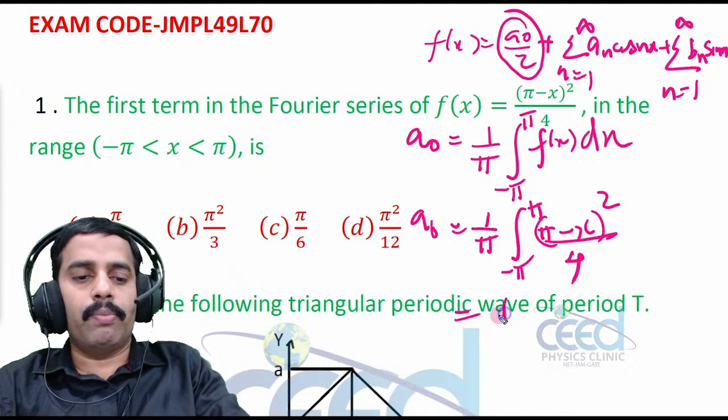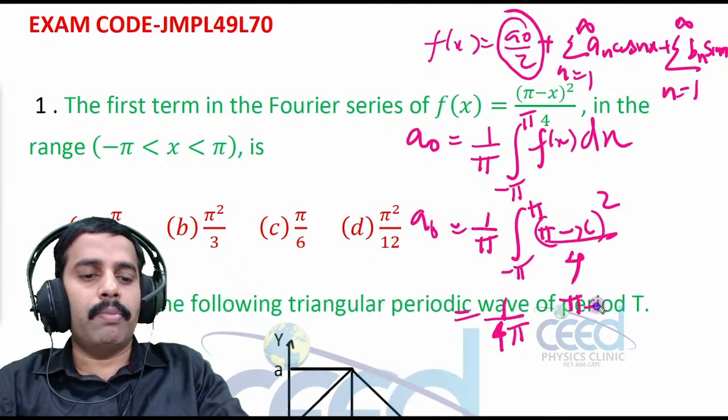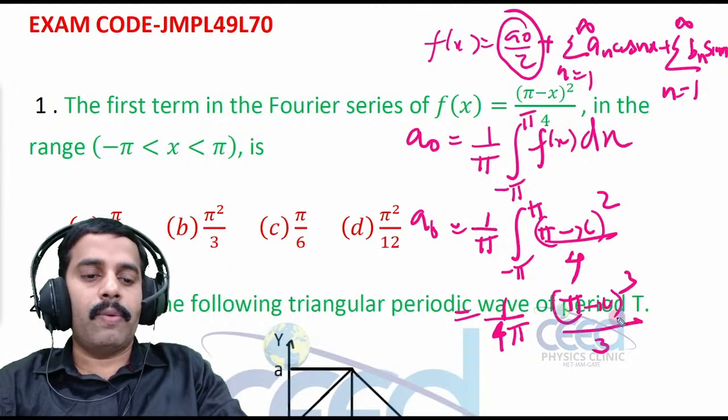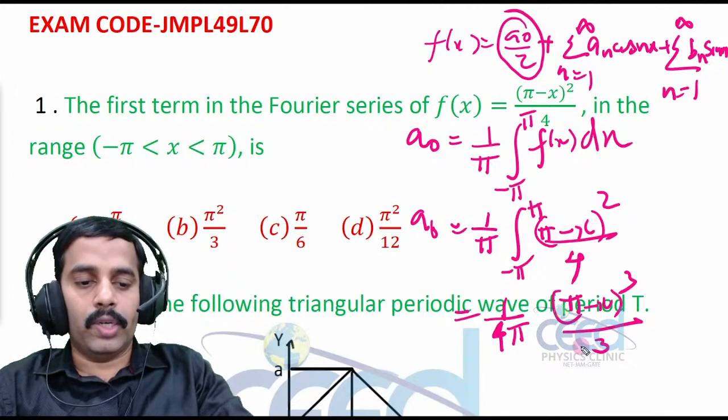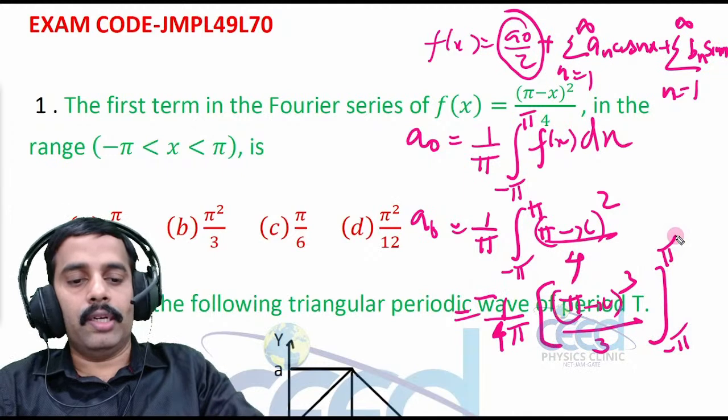We can take 1 by 4 pi out. When we integrate this, I can write (pi minus x) whole cube divided by 3, and we divide by its differential, that is minus 1, so we have a negative outside. The limit is minus pi to pi.